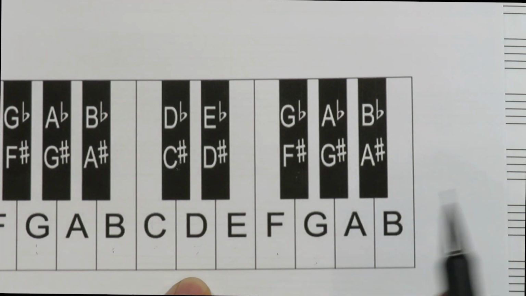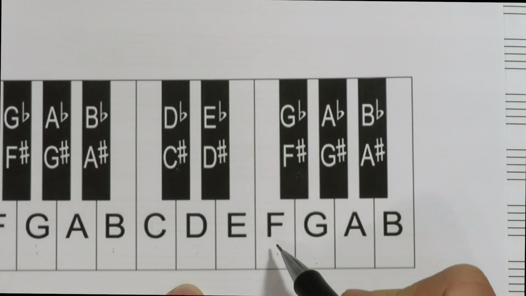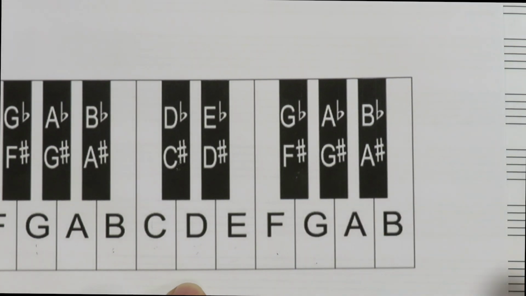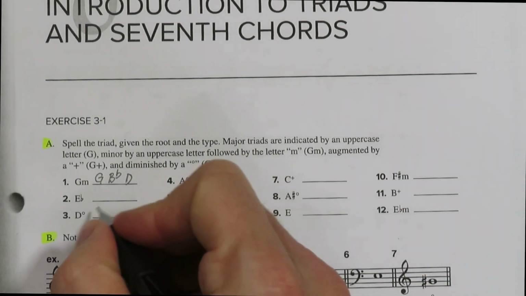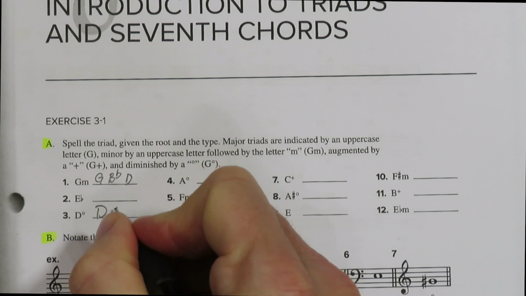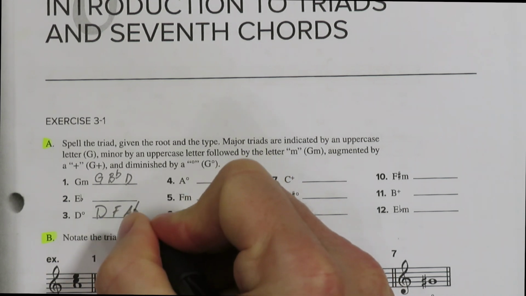Because diminished triads are stacked in minor thirds. Minor third to minor third. Okay. So D, F, A flat.